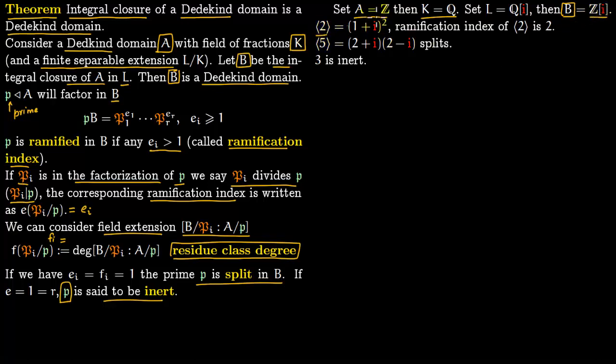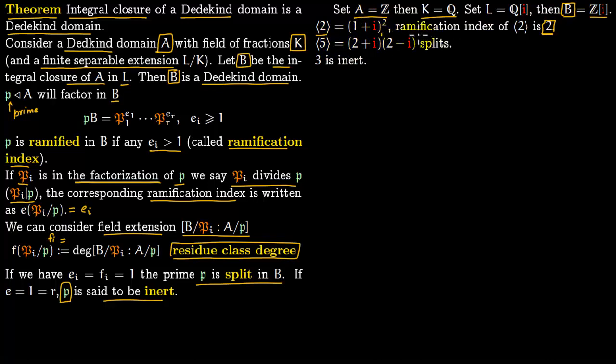Now this 2, which is a prime number in the integers, factorizes as (1+i) squared in Z[i]. So the ramification index is 2, and this is the corresponding prime ideal. 5 will split as (2+i)(2-i).